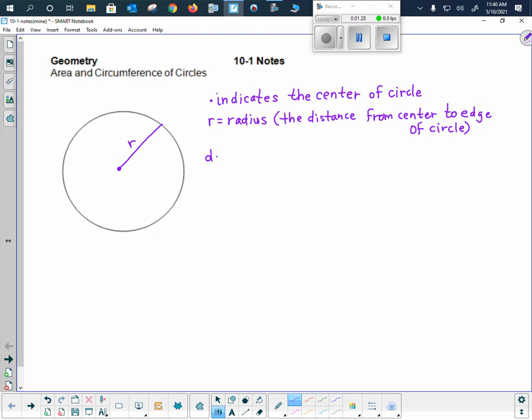And then, of course, lowercase d is diameter. And of course, the diameter is the distance across the entire circle through the center.